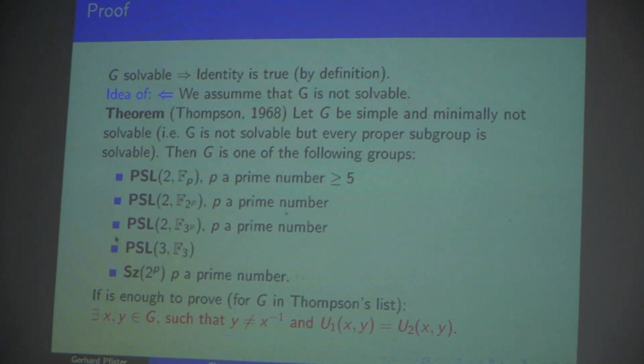And then we know for this group the identity will not hold. So that is now the problem. Choose any group of Thompson's list and prove that for this group there exist x and y in the group, y not x minus 1, and u1 of xy is u2 of xy.